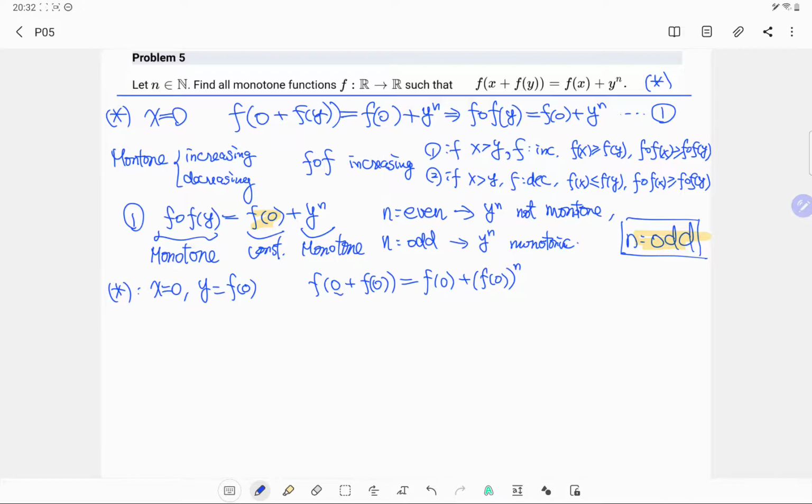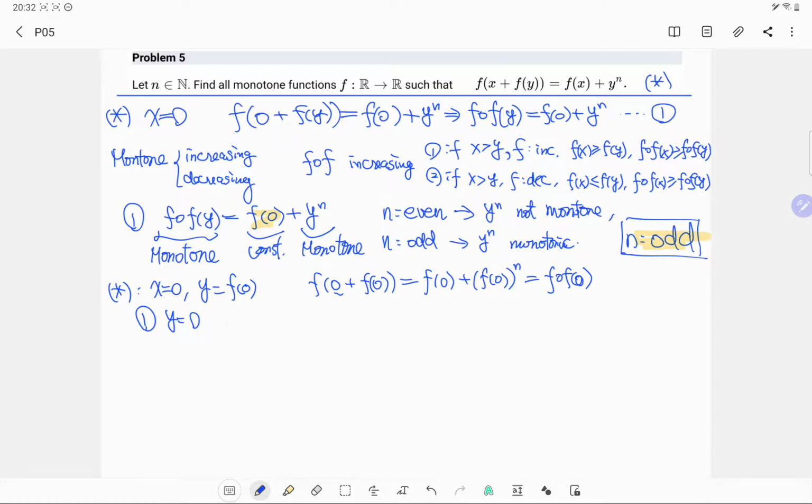The left side will be f(0). And in equation 1, we can plug in y equals 0.